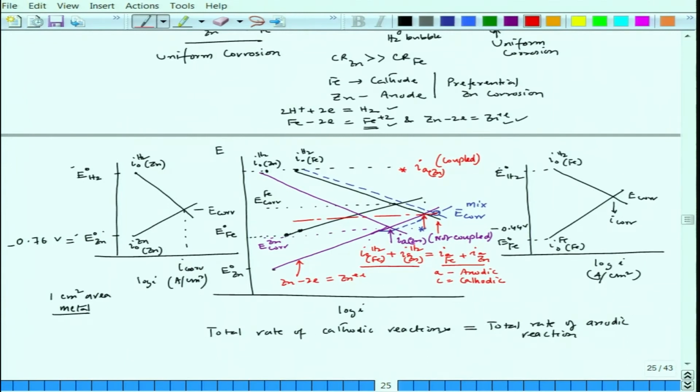If we consider the corrosion rate of iron before coupling, it was here. So, this is I_A iron, not coupled.